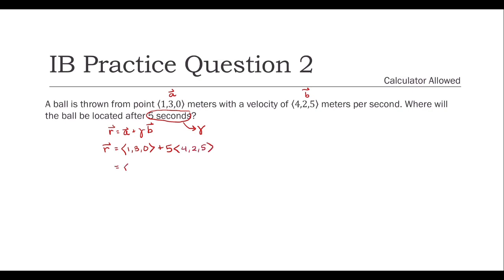So we have (1, 3, 0) plus 5 times 4 is 20, comma, 5 times 2 is 10, comma, and 5 times 5 is 25. So we just have to add these two vectors now. 1 plus 20 is 21, 3 plus 10 is 13, and then 0 plus 25 is 25. So this is where the ball would be after 5 seconds.